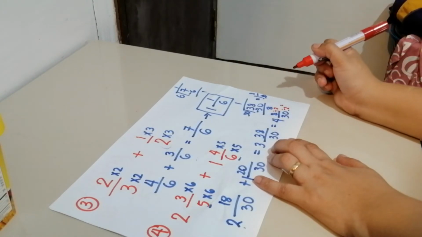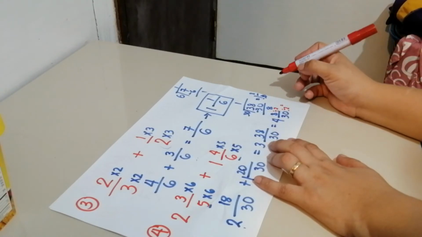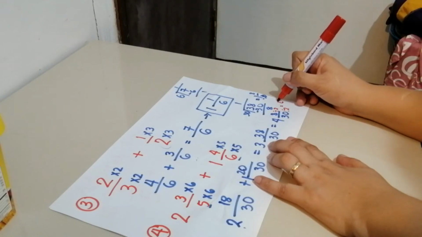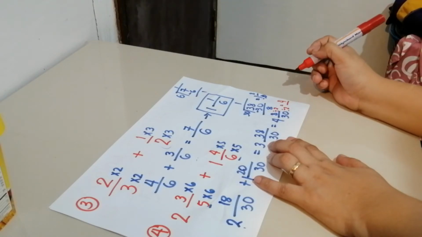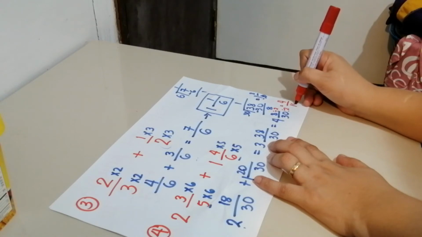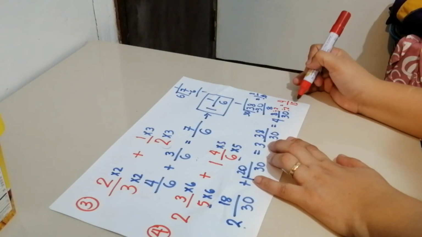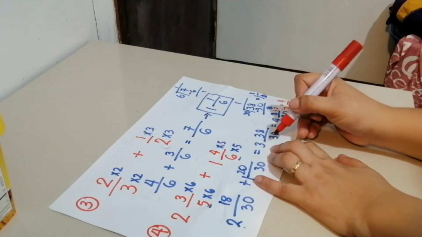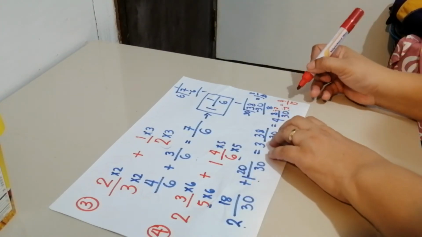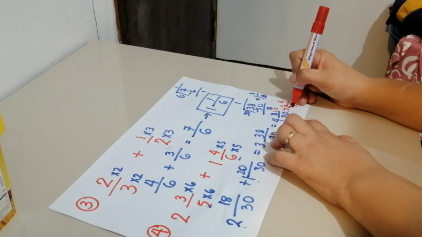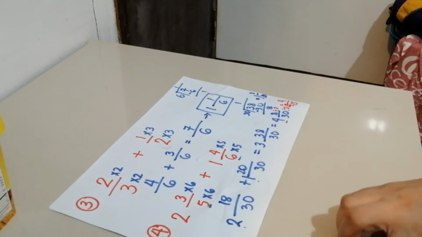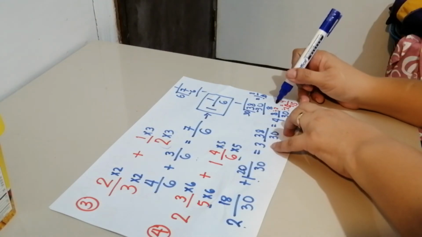So, 8 divided by 2, is 4. 30 divided by 2 is 15. So, yung 8 over 30 natin can be simplified as 4 over 15. And then, we just have to rewrite the whole number here. So, the final answer will be 4 and 4 over 15.